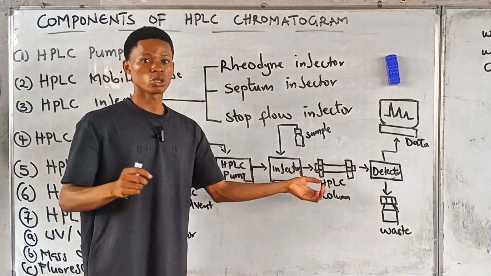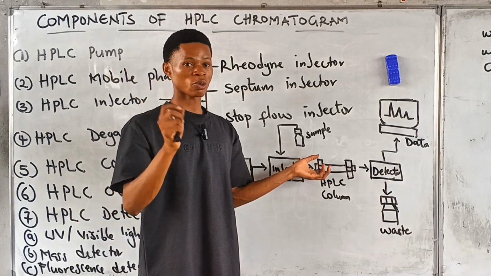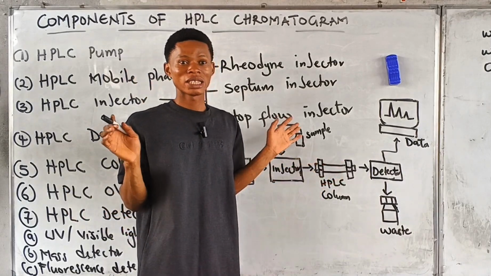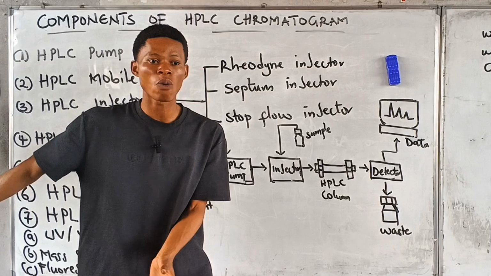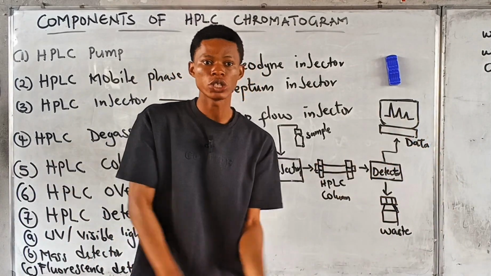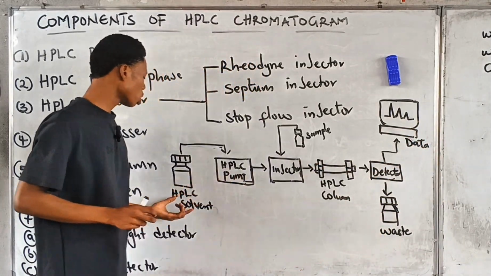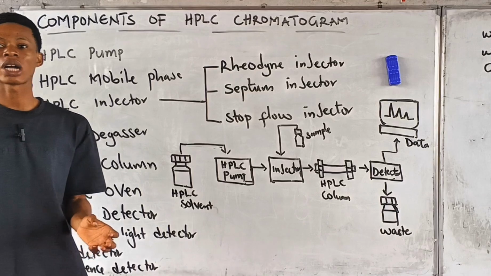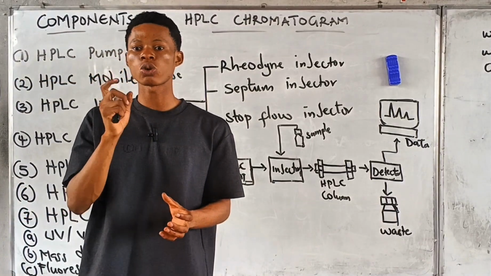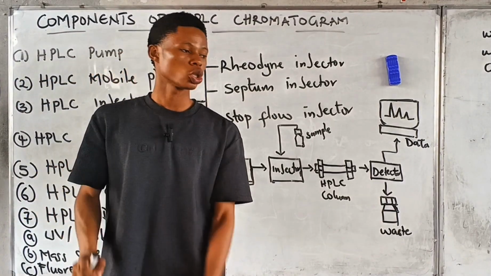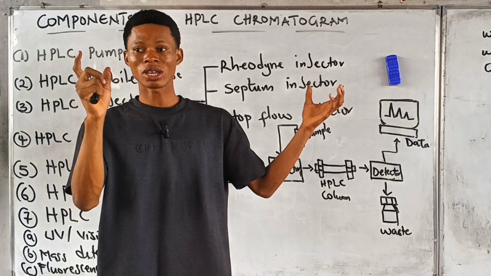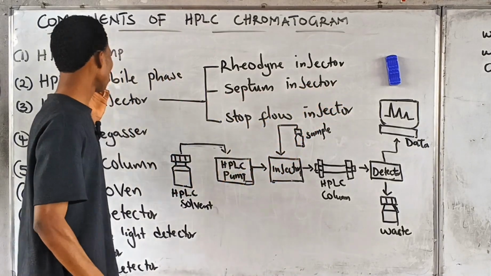And you want to separate something, you just put the substance you want to separate in that dry column. It won't even move. So we need a solvent that will carry the sample throughout the column. So what the mobile phase is doing is to carry the analyte, the mixture, throughout the column.